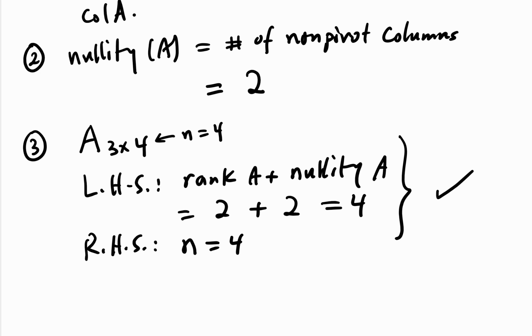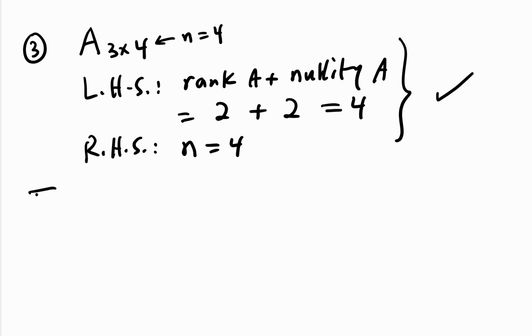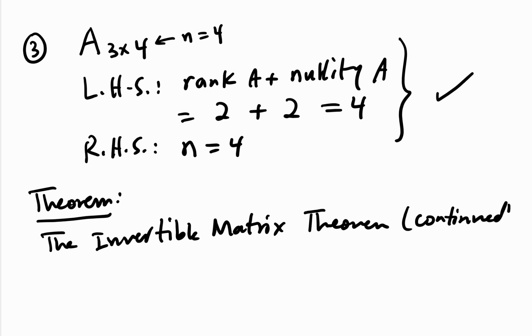Any questions about this? The last thing I want to add here is a theorem, the invertible matrix theorem, which we introduced before, but here we're going to add to it.